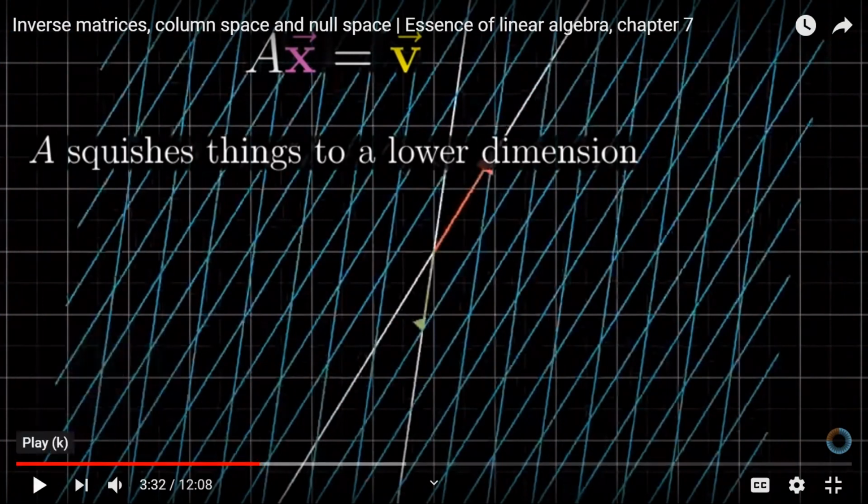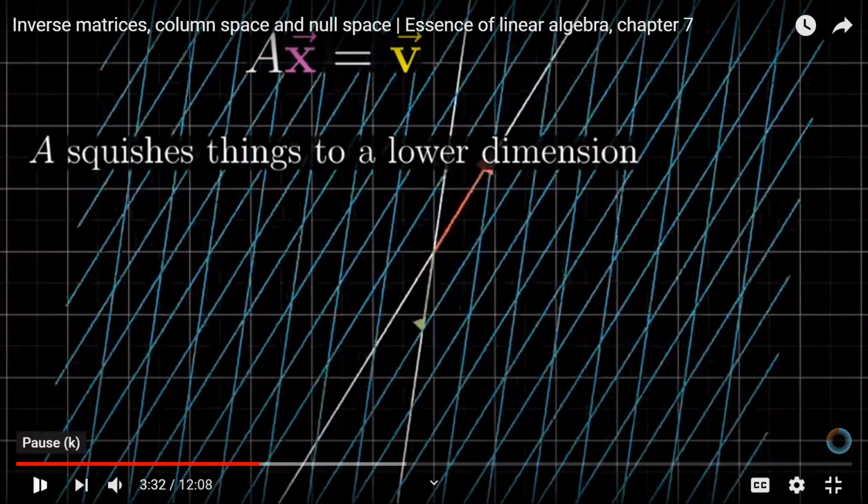And under this movement, your x vector, which was originally placed in the original nice grid, horizontal and vertical, will transform itself according to these new grid lines. And once it transforms itself to become part of this new grid system, it will become V.